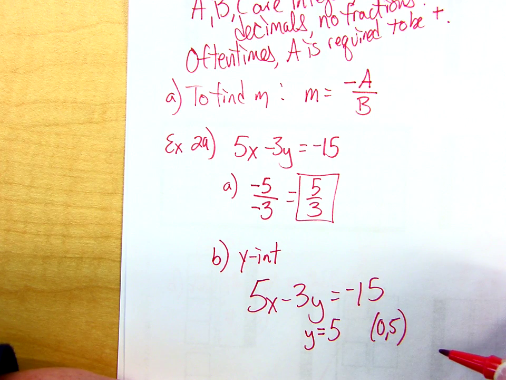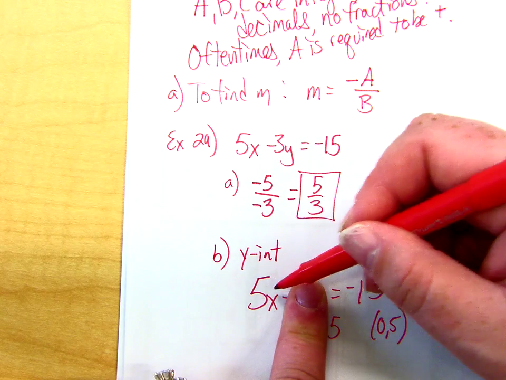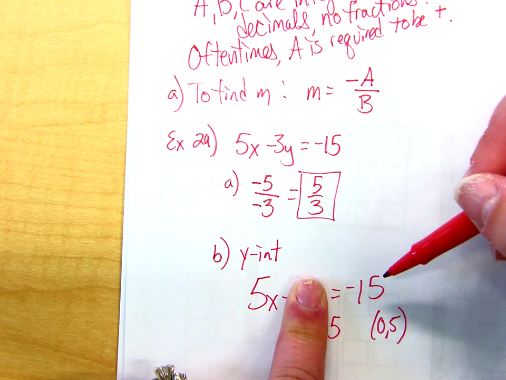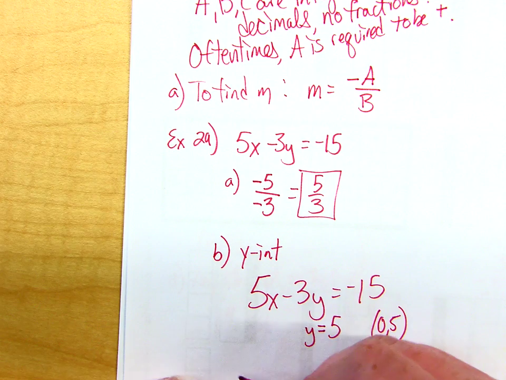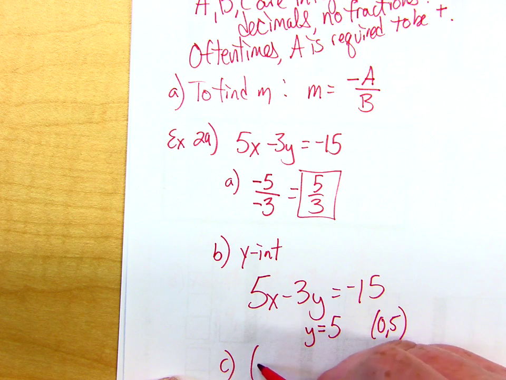So to find the x-intercept, I just put my finger over the y term. And now I have this equation, 5x equals negative 15. So what's the x-intercept going to be? Negative 3. So it doesn't always work out so nicely, but when it does, hooray.